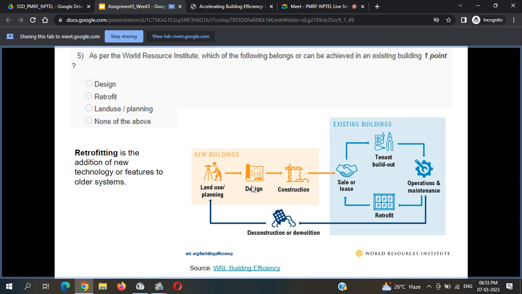Then, on those land parcels, how the building will be constructed and designed, all the design process takes place. After the design is completed, the construction of the building takes place, which is then sold to the end user or given on lease to a tenant.